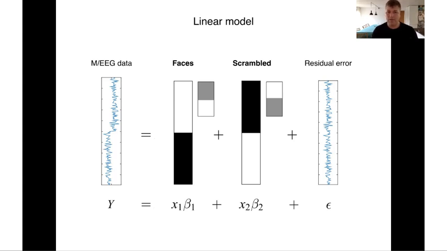And in this case, we would have regressors encoding the time points when the subject viewed faces and scrambled faces. So we would have regressors x1 and x2 defining each condition, and we would then have these regressors scaled by a model parameter beta, which in the case of categorical variables, as we have here in a two-sample t-test, would correspond to the mean, plus some residual error.